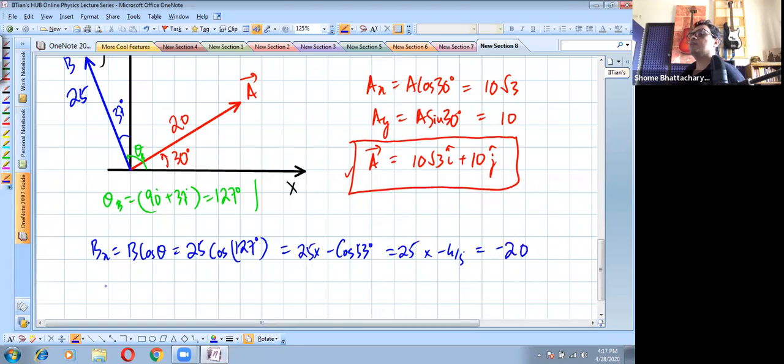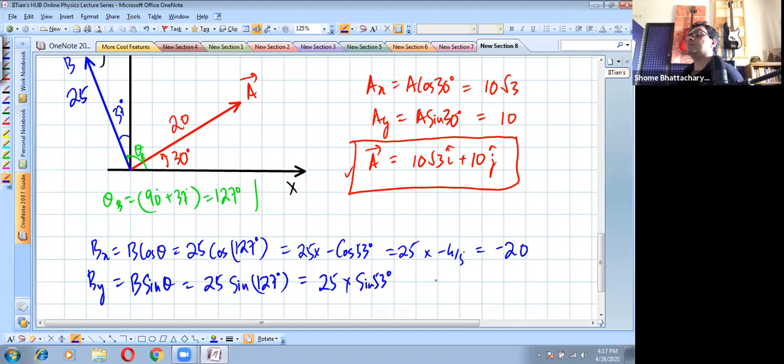Whereas the y component is B sin theta. Now recall in the second quadrant sine is positive. So as you can see in the diagram also, the y component of B will be along the positive y axis. So this is sin 53, whatever. So it is 25 into 3 by 5, so it is positive 15. Okay.